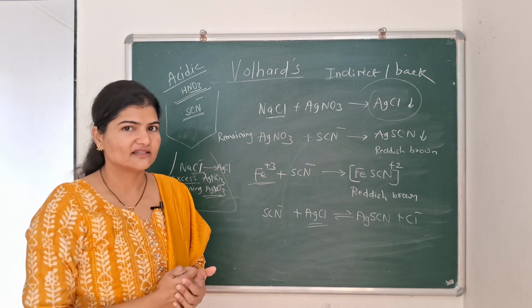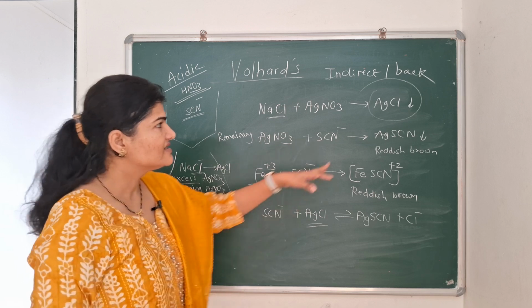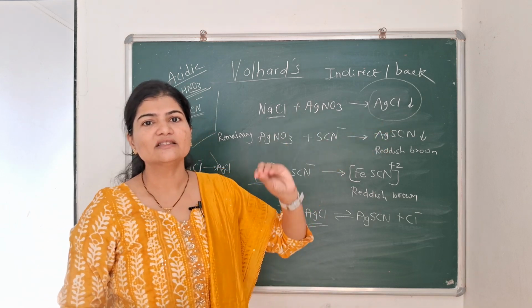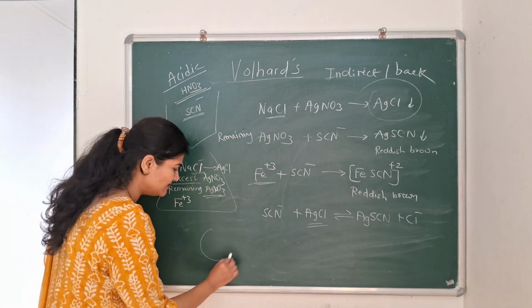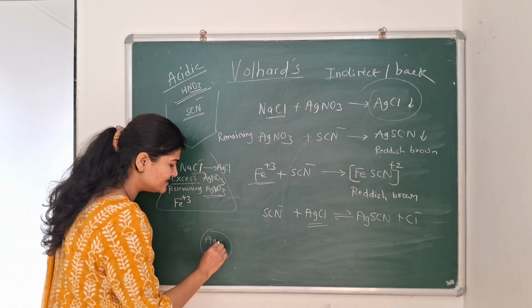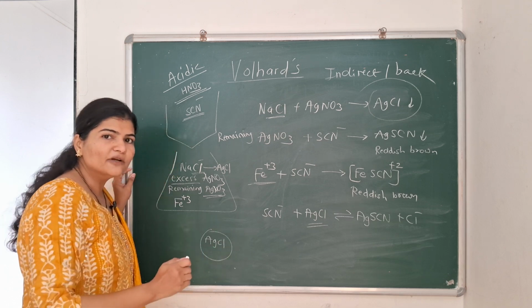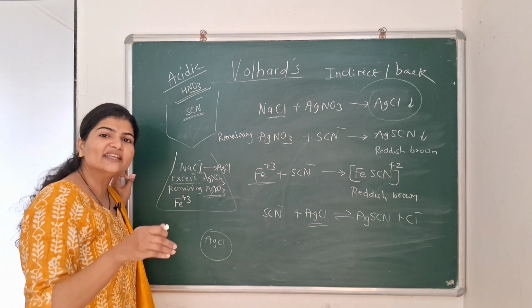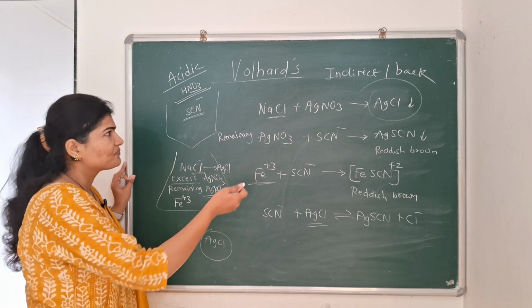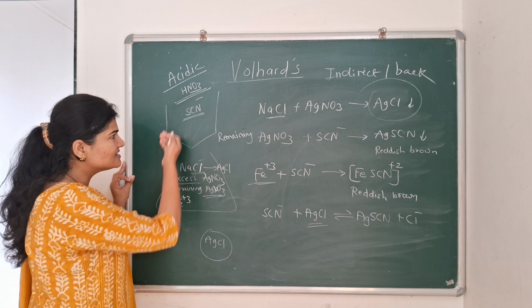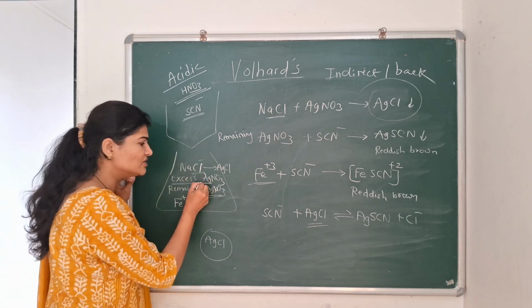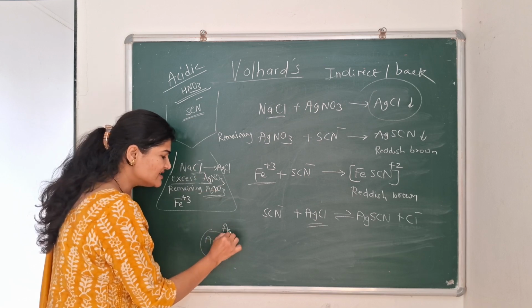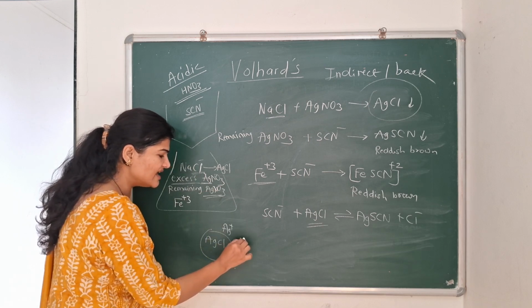Now why is it essential? Because silver chloride PPT is an example of a colloidal PPT. A colloidal PPT has a particular tendency to adsorb its own ions which are in excess. Whenever the titration is going on, there is an excess of AgNO3 present, so Ag plus ions are lying around in excess.